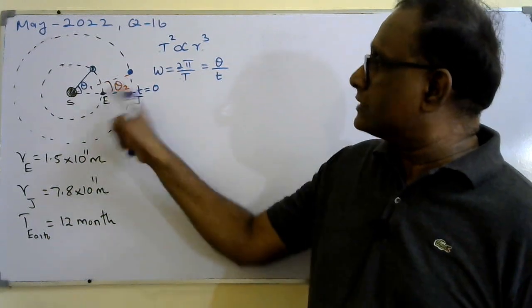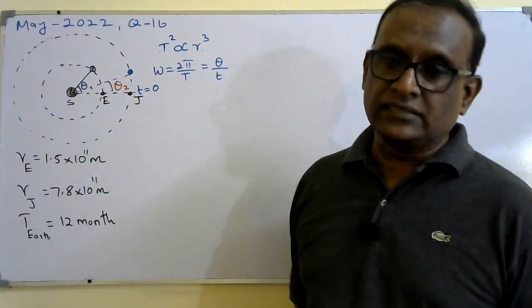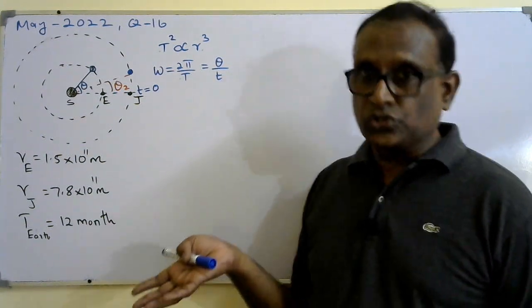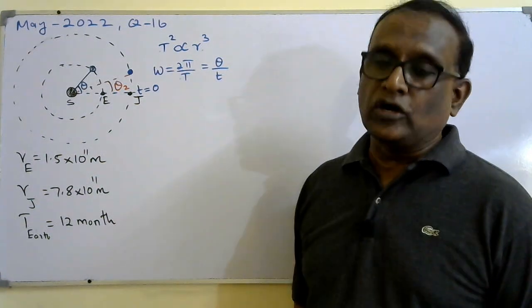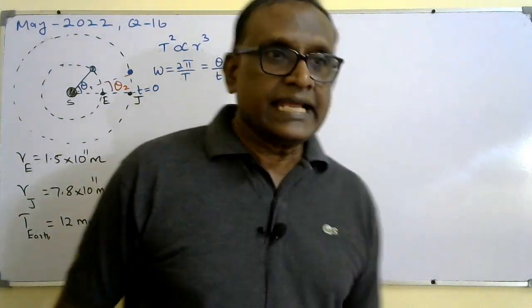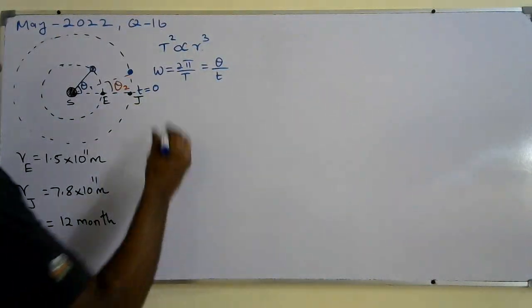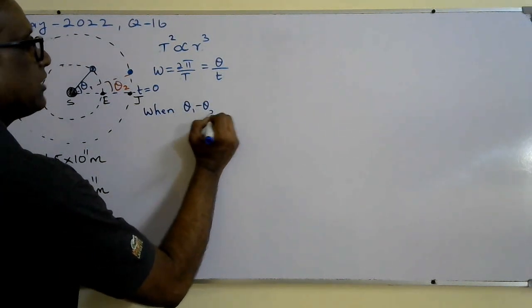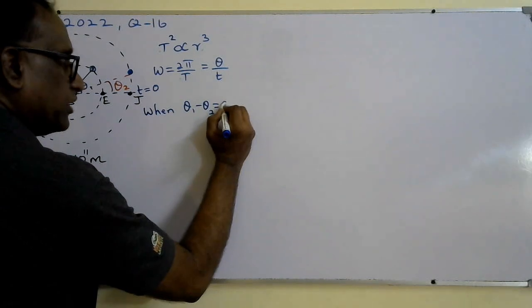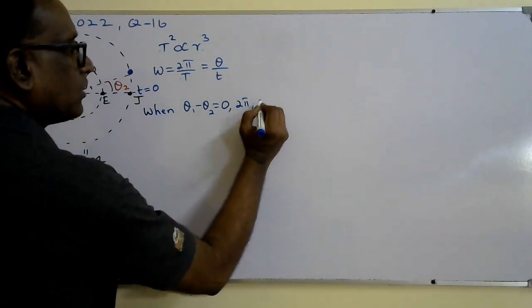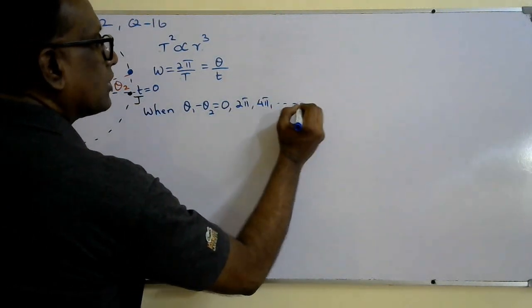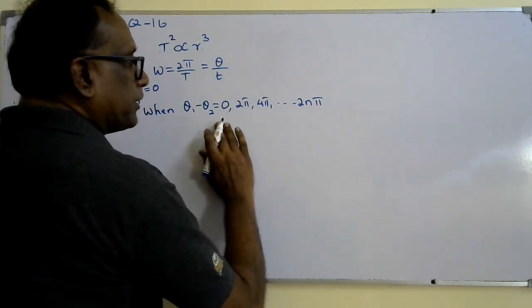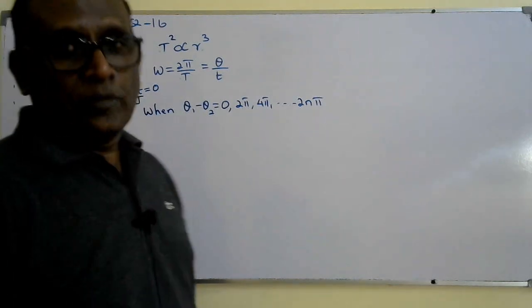Again, when the change in central angle becomes 4 pi also, they will be again in opposition. So like that, when theta 1 minus theta 2 is equal to 0, that happened now, or 2 pi or 4 pi or 6 pi, 8 pi, like that, general format 2 n pi, they will be in opposition where n is an integer, n equals 0, 1, 2 and so on.